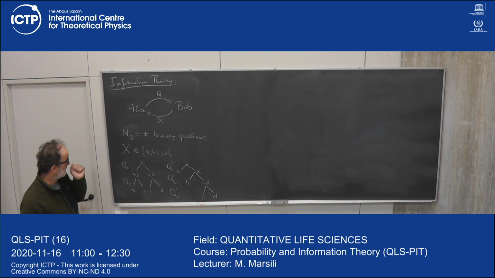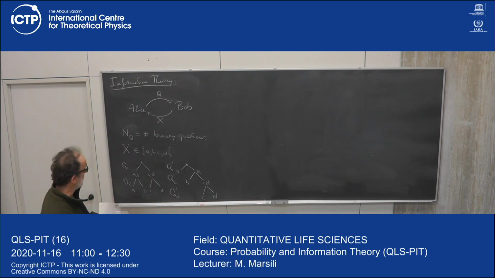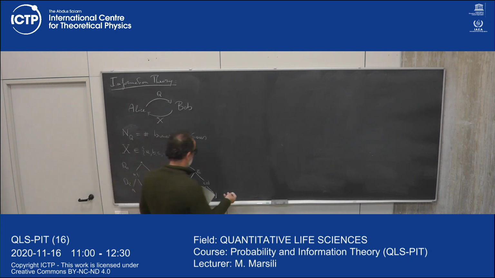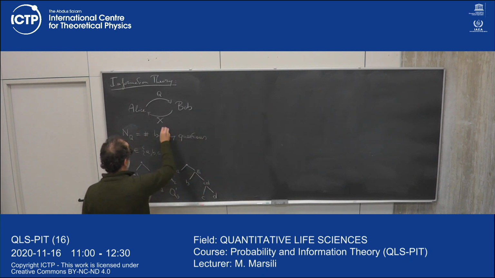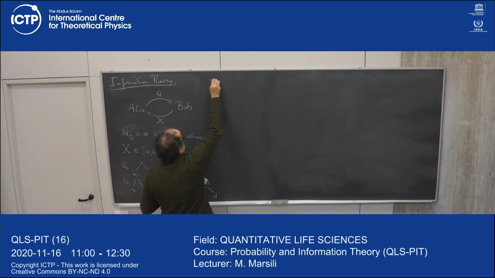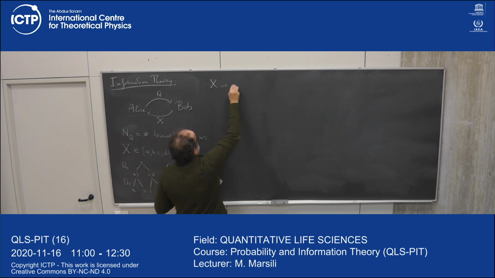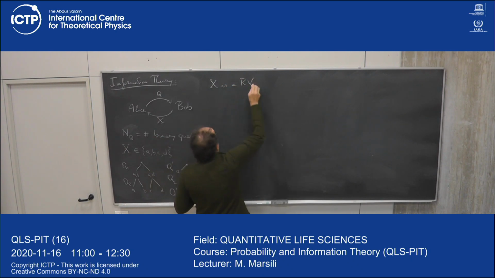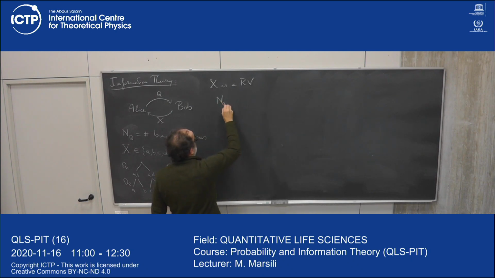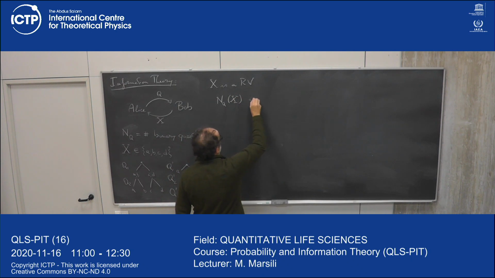So indeed we need to be a little bit more precise here and realize that x is actually a random variable, and then the number of questions that Alice needs to ask is actually a function of x, so it is also a random variable.